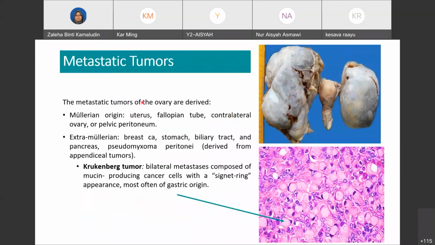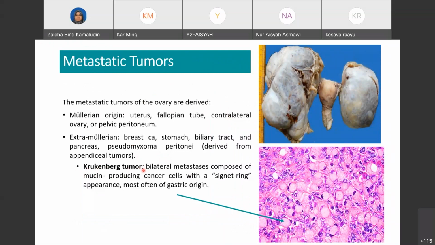Metastatic tumor is actually a secondary tumor that can metastasize to the ovary. The most common one can metastasize from the stomach, with signet ring carcinoma of the stomach metastasizing to the ovary, also known as the Krukenberg tumor.